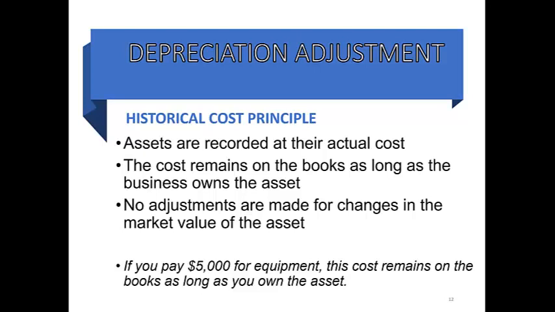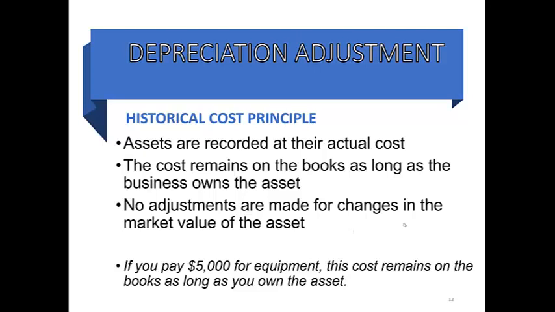And we're not going to change it just because it depreciates either. So the actual cost of our asset will always remain on the books at what we paid for it. For example, if we paid $5,000 for that equipment, the cost will remain on the books at $5,000 as long as we own it.